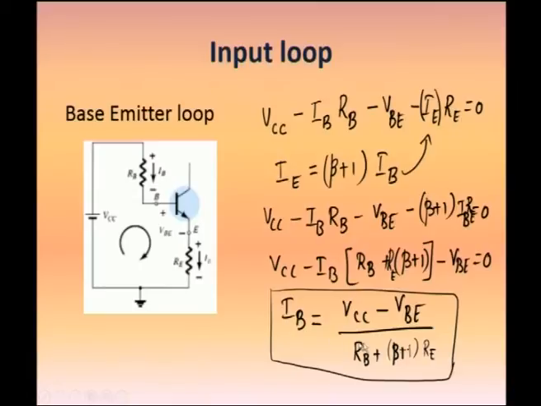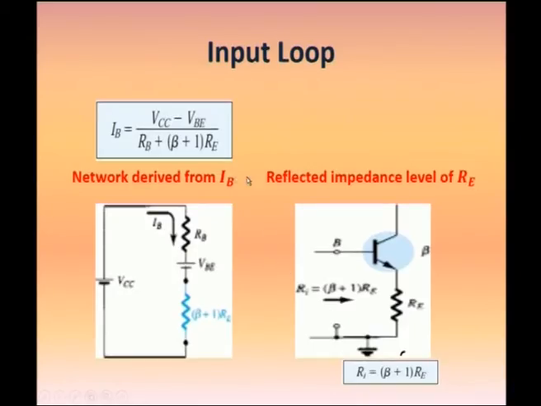But in this case, we are getting an extra term, beta plus 1 into RE, because of this RE resistance in the circuit. Beta is very high, so the total term is also very high. So, this is the equation we have derived.